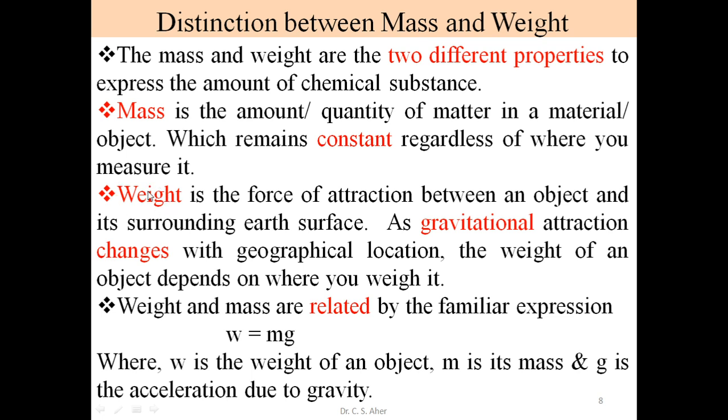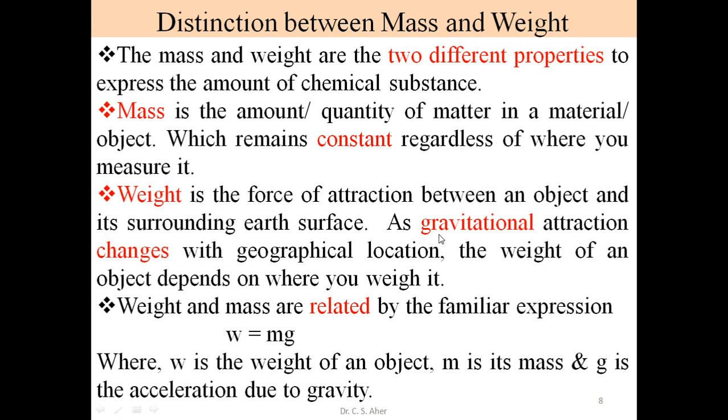But what is weight? Weight is a force of attraction between an object and the surrounding earth surface. As this gravitational attraction changes with geographical location, the weight of an object depends on where you weigh it. If the gravitational force increases, weight increases.